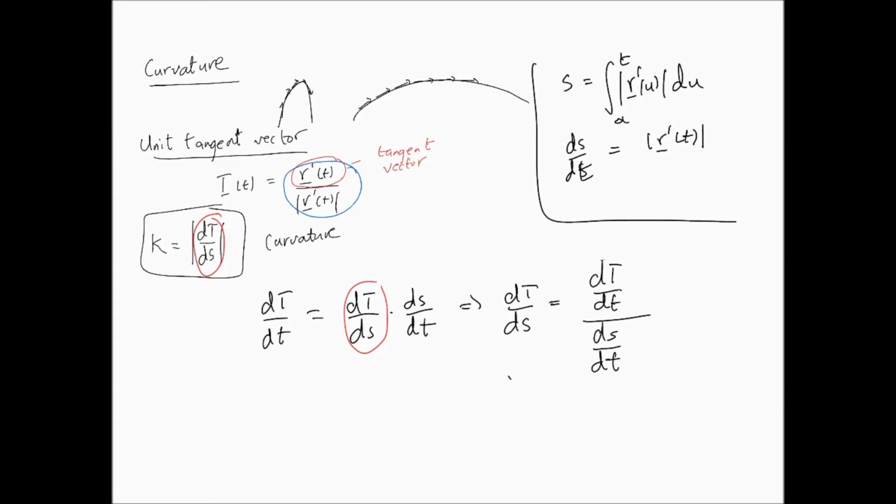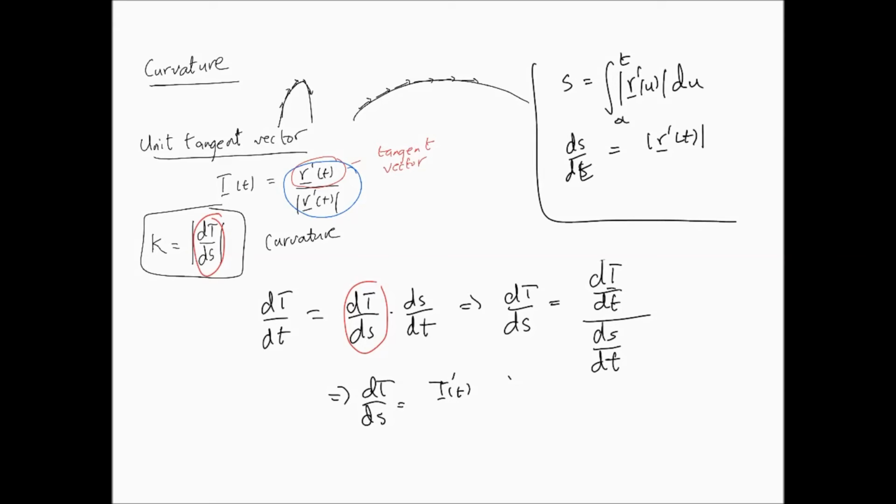If I differentiate this integral, there's no need to integrate it in the first place, so what you get back is simply the magnitude of r dash of t. So that means dT/ds is equal to, using the notation T prime instead of dT/dt, sorry, T prime divided by the magnitude of r dash of t.